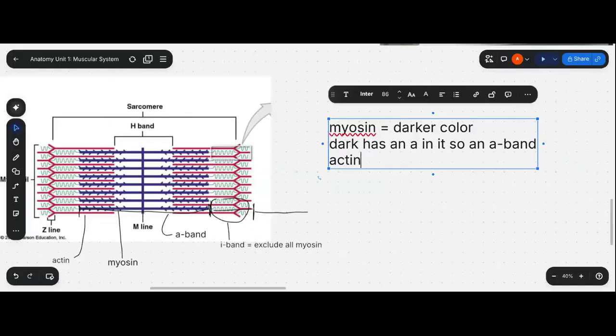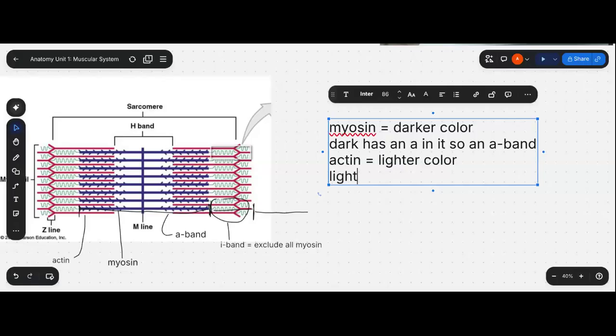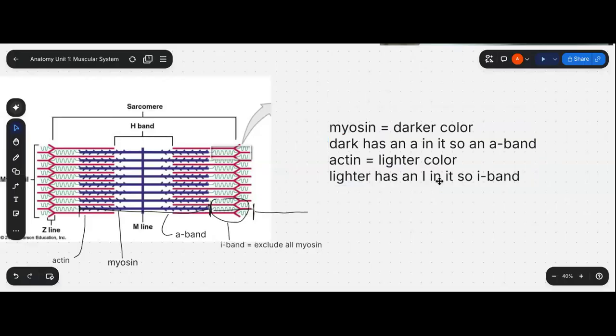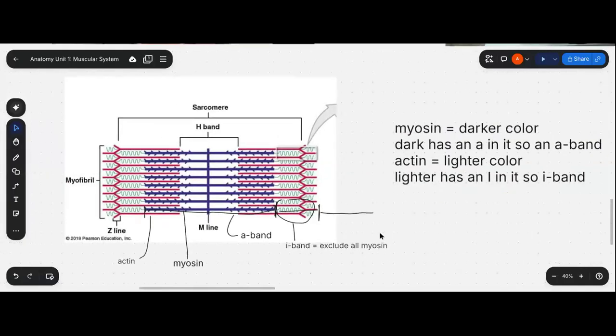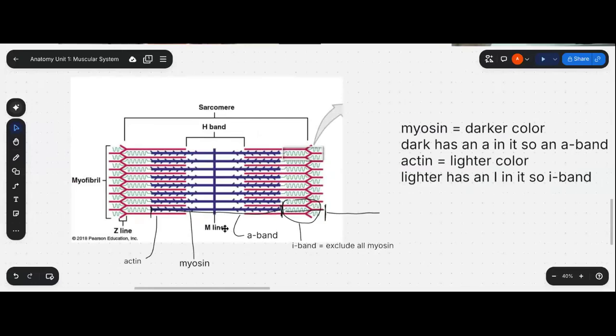Now, actin is the lighter band or the lighter color, and lighter has an I in it, so I band. I feel like that is a really good way that helped me whenever I would forget which band has which structure and which substance within it. So I hope that this kind of helped explain all of that.